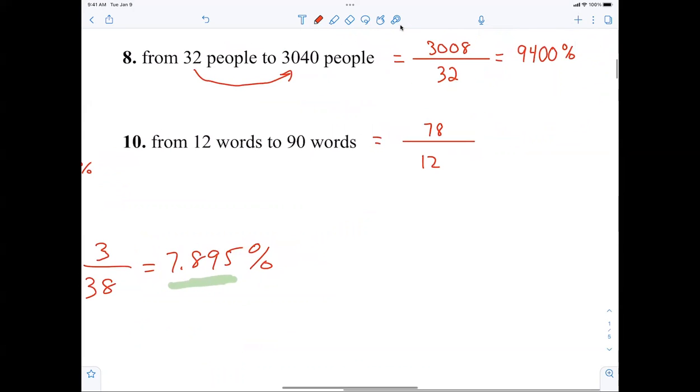It's gonna be 6.5. So what percentage is it? No, you go in the wrong direction. 650. 650%.